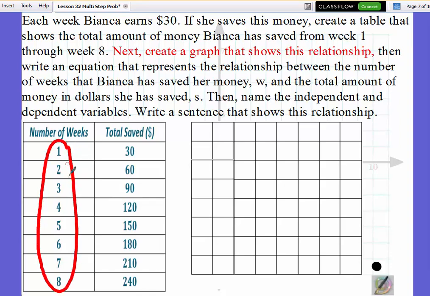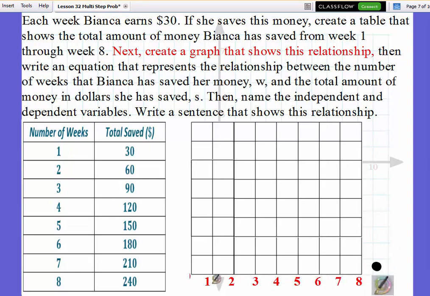Do these numbers go on my X or do they go on my Y? Well, normally, not always, but normally whenever we count by 1, 2, 3, 4, 5, that goes on our X-axis. So let's try that.